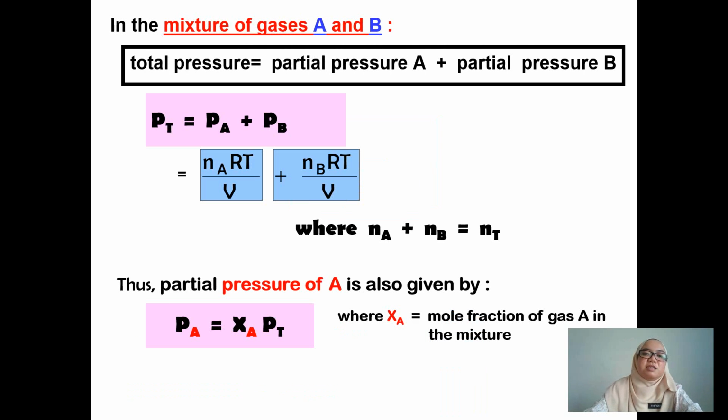In the mixture of gases A and B, the total pressure equals partial pressure A plus partial pressure B.